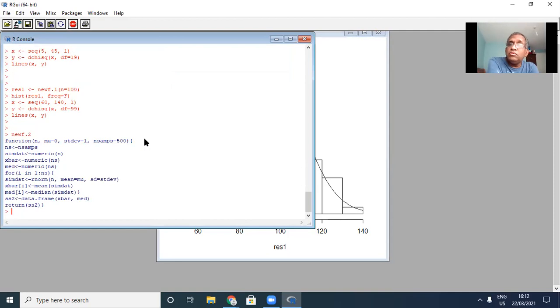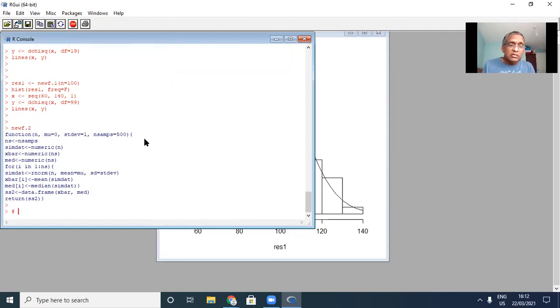Let me write it down. It computes 500 values of the sample mean of samples of size n simulated from the normal distribution.